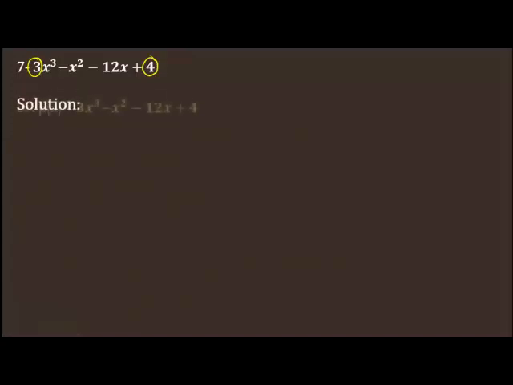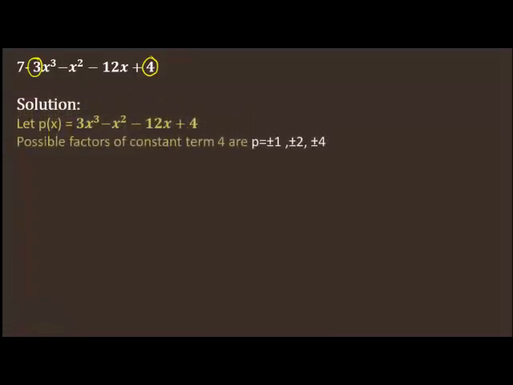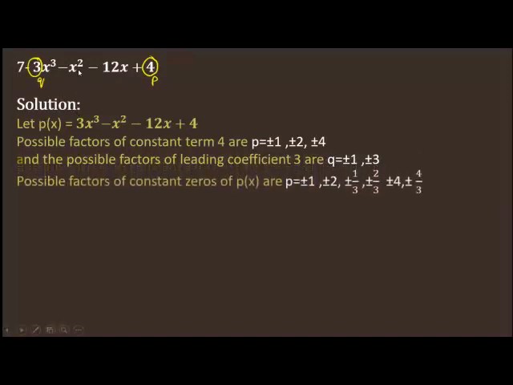Look. Factors of constant 4: plus minus 1, plus minus 2, plus minus 4. And this is the factors of leading coefficient. This is P, and this is Q. So P upon Q is this.